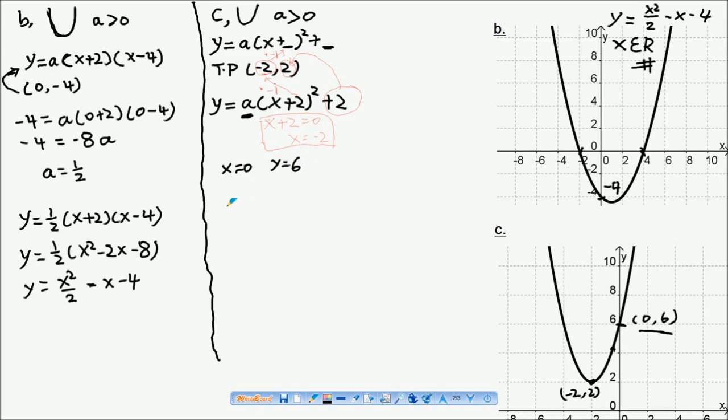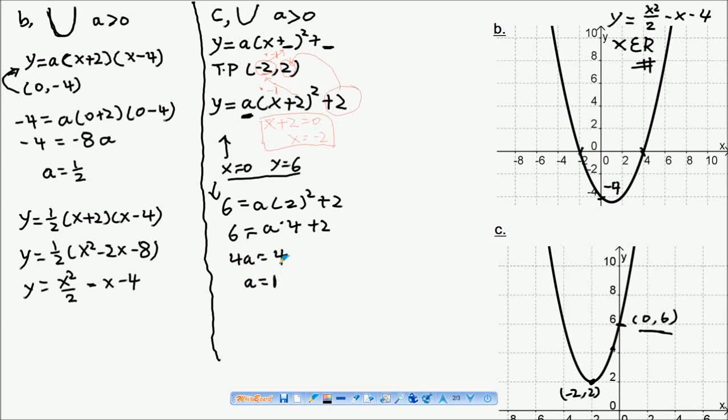So when y equals 6, then a is basically 2 squared plus 2. We substitute it into this equation, and as a result we have 6 equals a times 4 plus 2, so 4a equals 4, a equals 1.